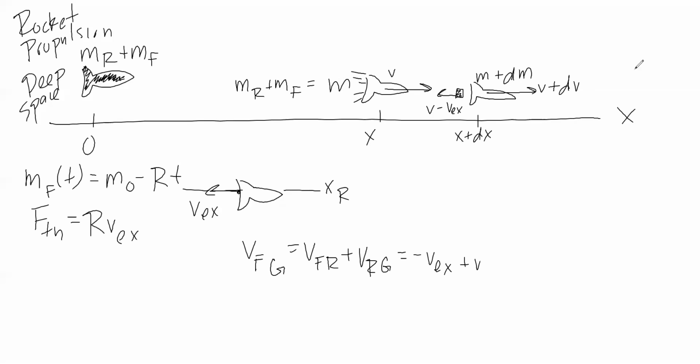The dm is less than 0, so we're calling that little chunk minus dm. There are all these negative signs to sort out, but I hope I did a good job of explaining them. Certainly the textbook goes through that explanation as well.